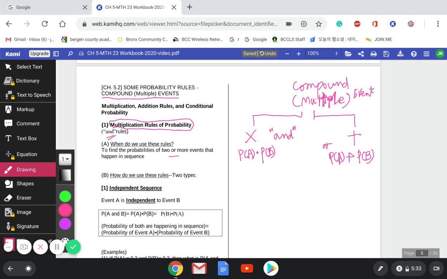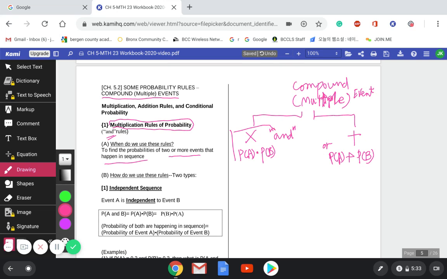So in an independent sequence, each event is independent of the other. In other words, event A is independent of event B. So we call that type an independent sequence.